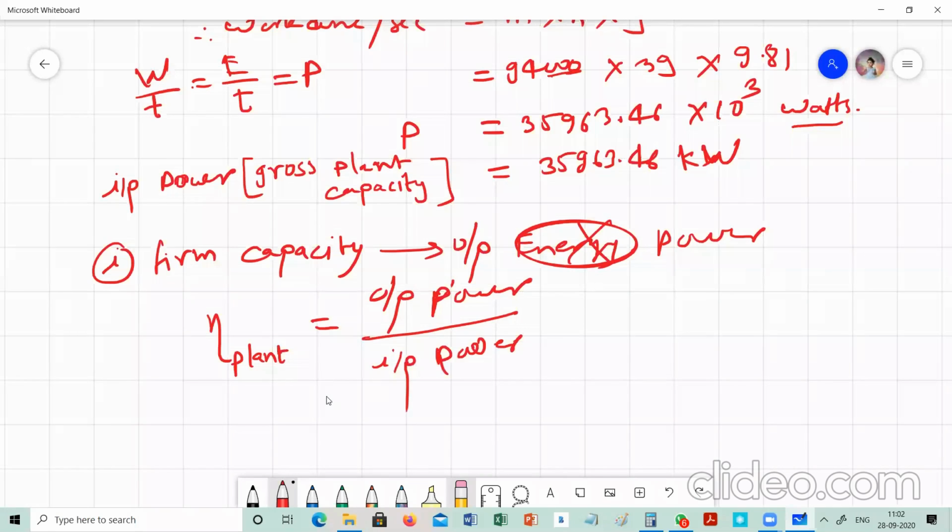Output power is nothing but the firm capacity, divided by input power, which is the gross plant capacity.